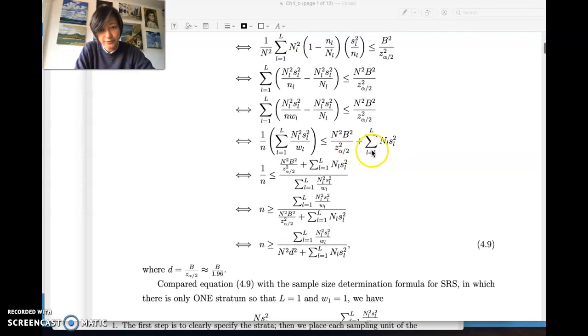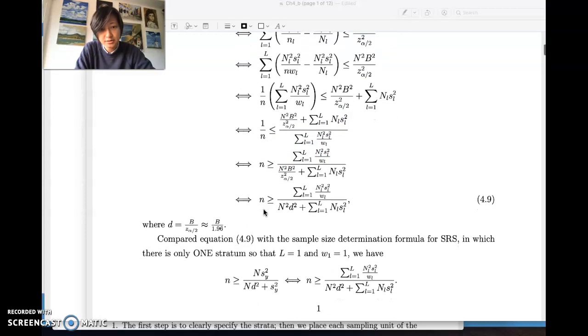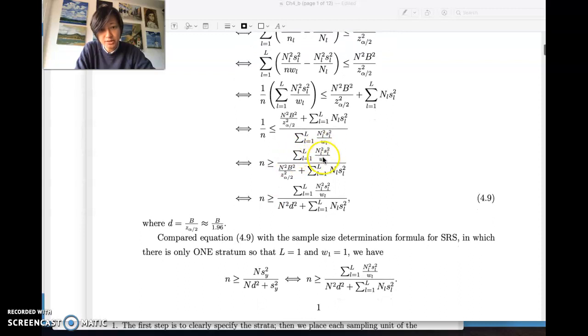Now we have this whole thing divided by the summation, so move that to the right-hand side. Now we have 1 over n less than or equal to this whole thing divided by the summation. We have n inverse, so we would have the summation divided by the whole thing plus the summation. Since we reverse, we need to flip the less than or equal sign into a greater than or equal sign.